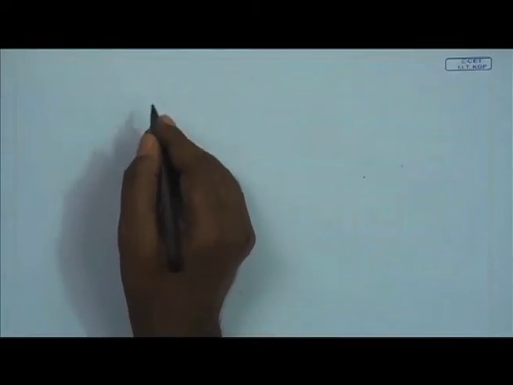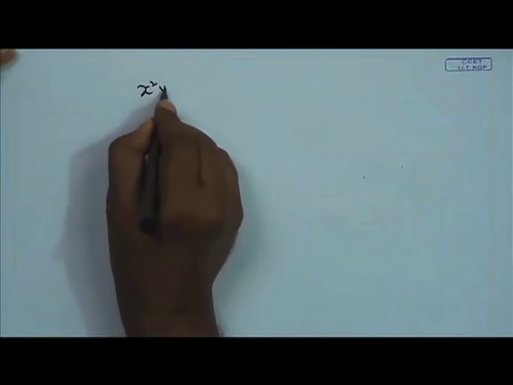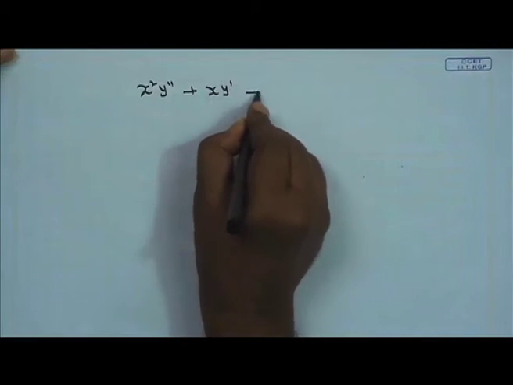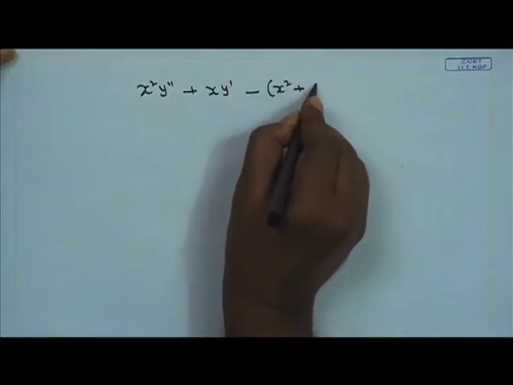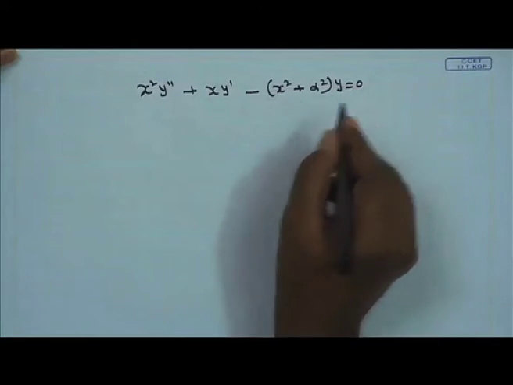Okay. So next we will be looking into one more type of Bessel equation, x square y double prime plus x y prime minus (x square plus alpha square) times y equal to 0.